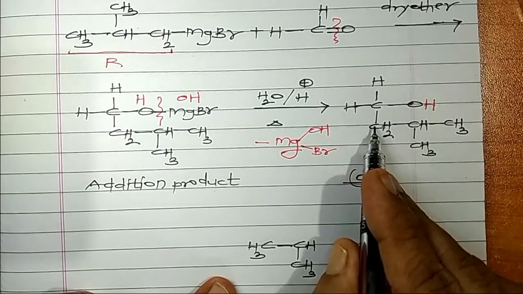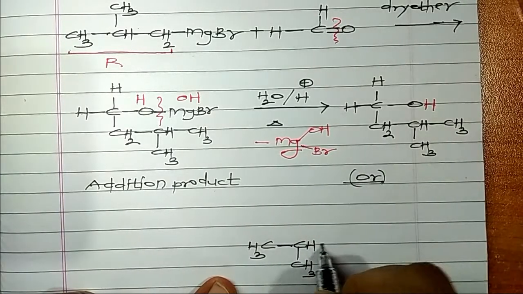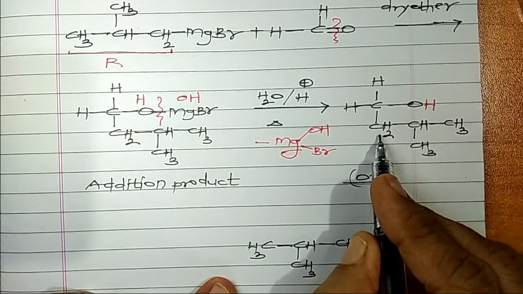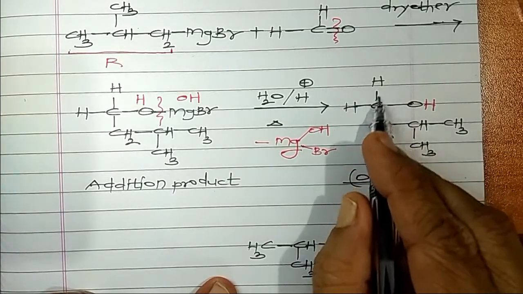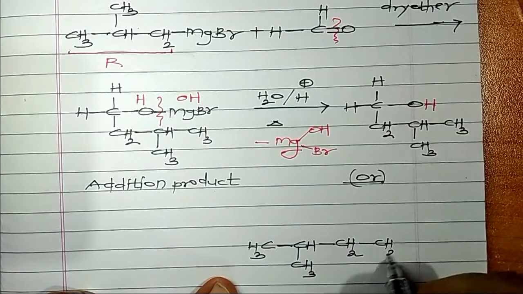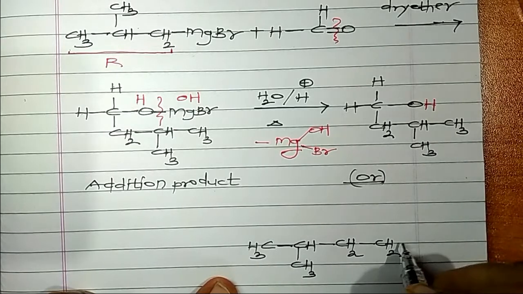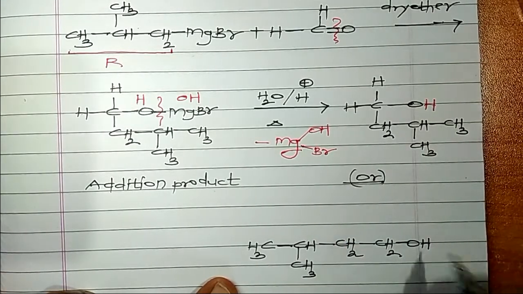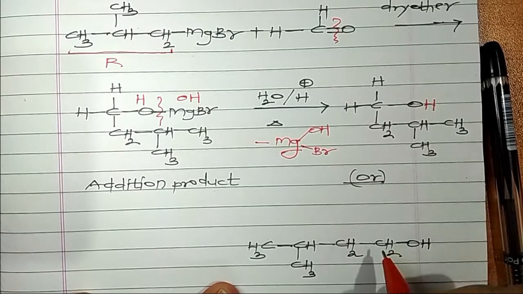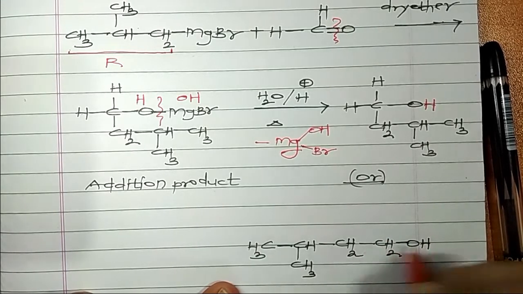Then here it is CH2. So I'm writing CH2 with CH2, this one. Then again it is CH2. And here on this side, OH. So you have written this compound. Now, what should be the name of this compound? There are 4 carbon atoms in a straight chain containing the functional group.